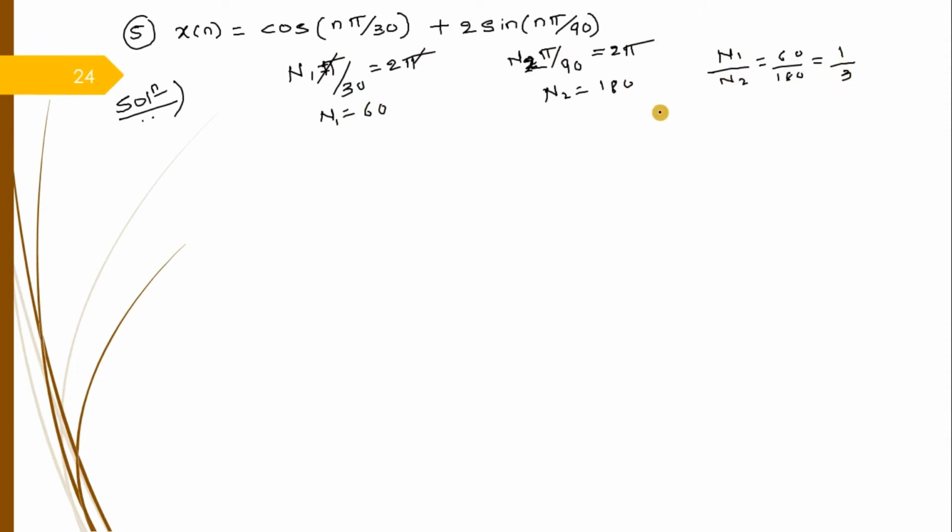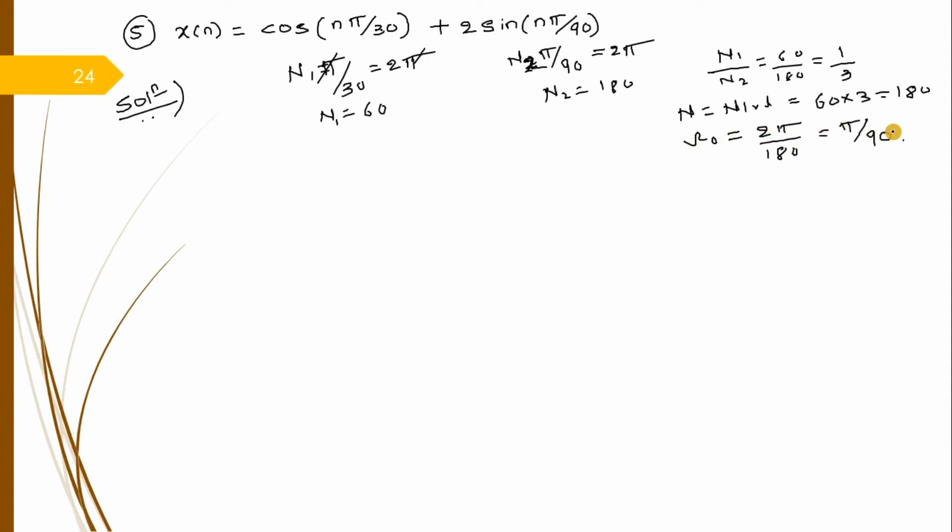So if it is periodic, then the period of the combination of these two things is n is equal to n1 into LCM. LCM is only one term, 3. n1 is 60. 60 into 3 is 180. Hence, angular frequency is given by 2 pi by 180 or else just pi by 90.